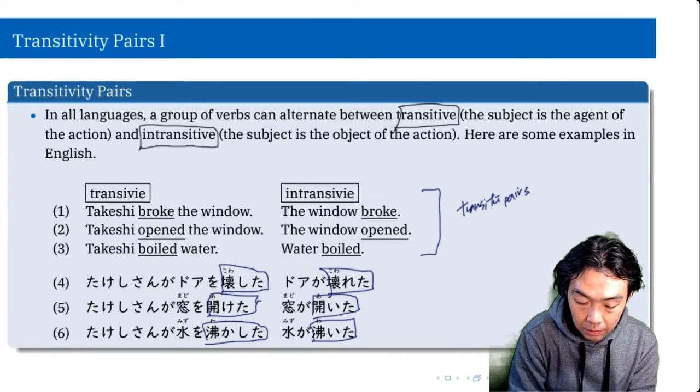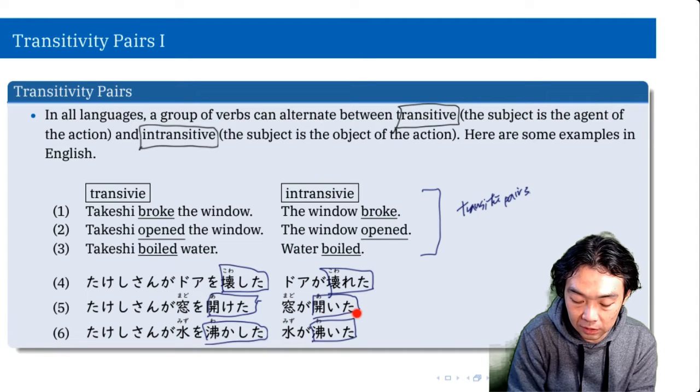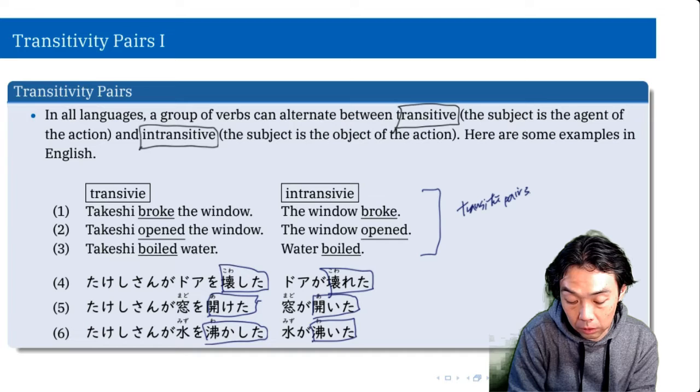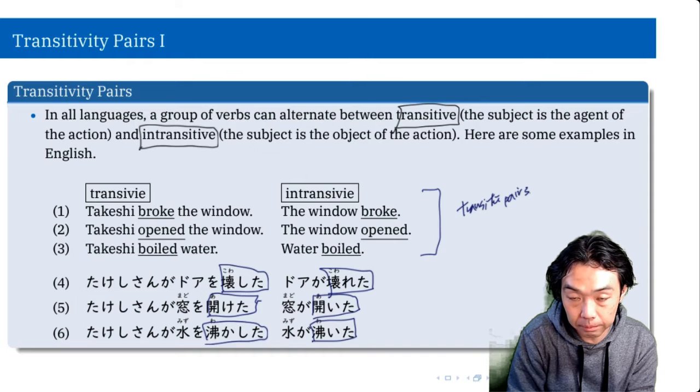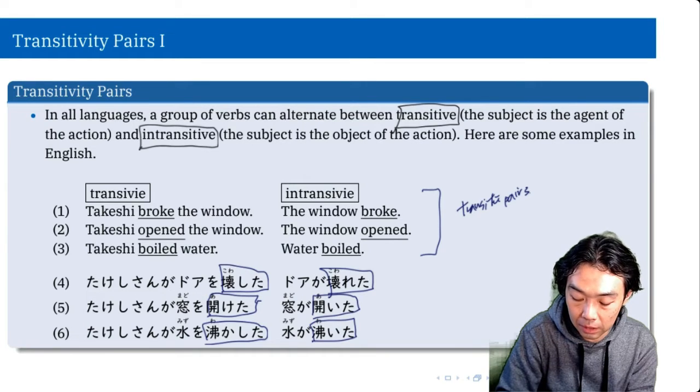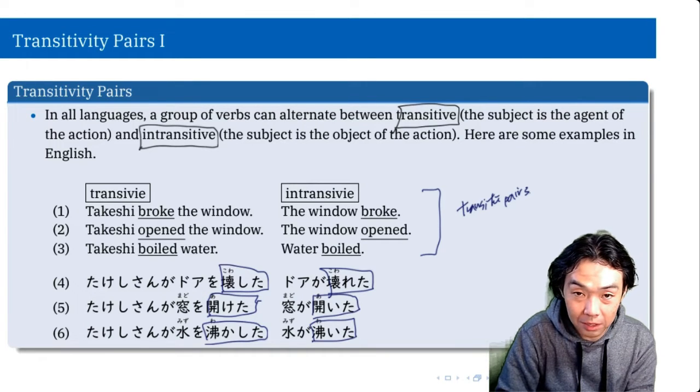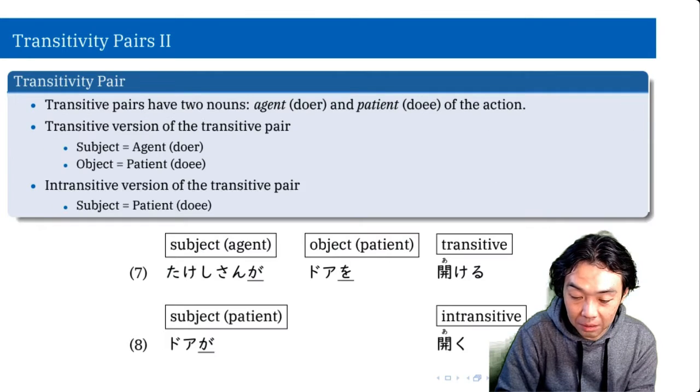To open, the transitive verb is 開けた, the intransitive verb is 開いた. To boil, transitive is 沸かした. Intransitive verb is 沸いた. And then you may say, oh, here's another conjugation, but actually it is not.